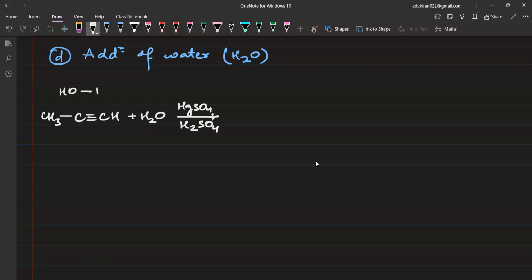According to the Markovnikov rule. So oxygen will attach to the carbon that is having less hydrogen. So CH carbon पे attach हो जाएगा, and hydrogen will attach on this carbon atom. So what we are going to get? We are going to get CH3 carbon bonded with oxygen, then hydrogen, and then here we are going to have a double bond CH2 like this.